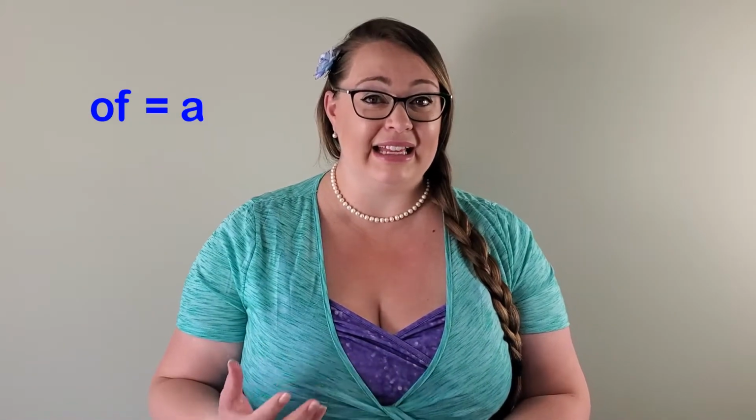Of is also commonly reduced in English, becoming an uh sound at the end of the previous word, just like the to becoming an uh sound at the end of a previous word. For example, kind of becomes kinda, out of becomes outa, sort of becomes sorta, and lots of becomes lotsa.